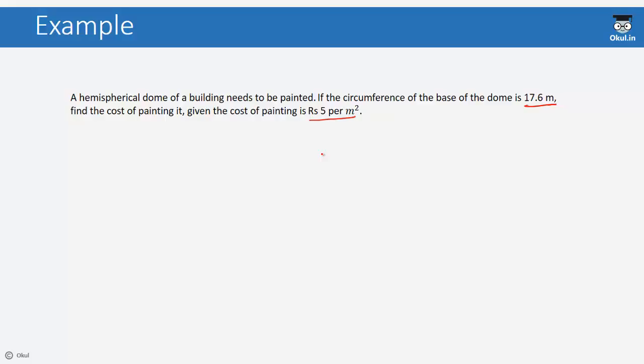We have been given that the circumference of the base of the dome is 17.6 meters. With the help of the circumference, we can find the radius. The circumference is equal to 2 pi r, so 2 pi r is equal to 17.6 meters.